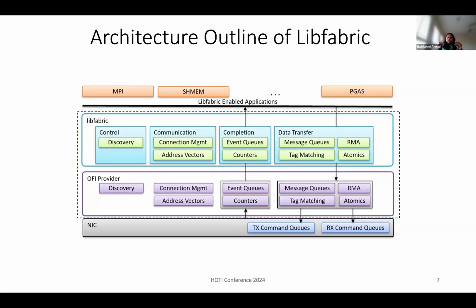The purple block, towards the lower sublayer of Libfabric, is providing a similar set of APIs, but at the provider level. When I say provider, it is linked tightly with the particular fabric. So let us see how the APIs flow from the application to the Libfabric and into the provider. Next.